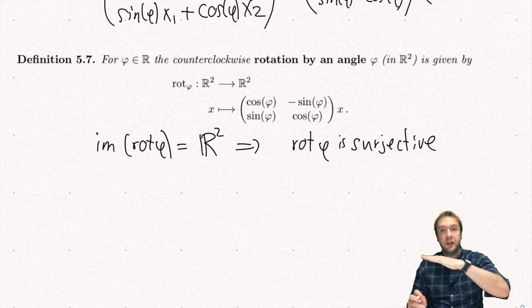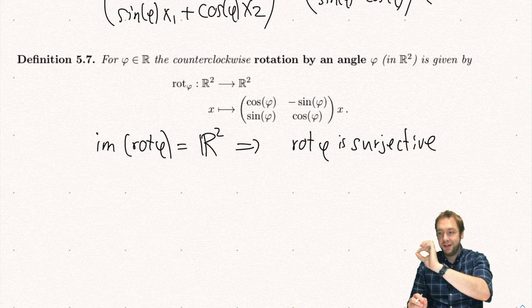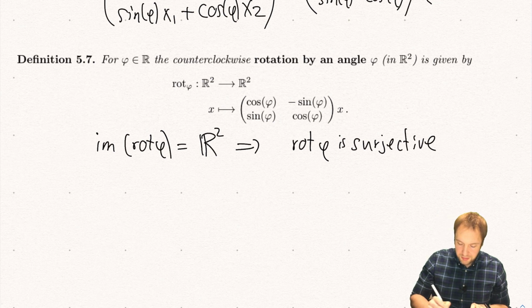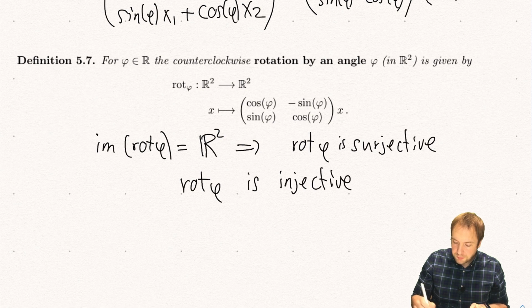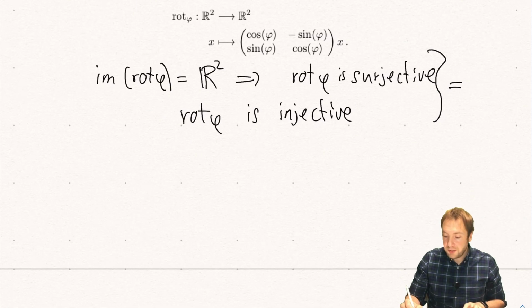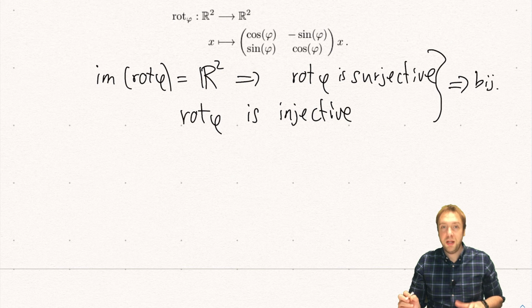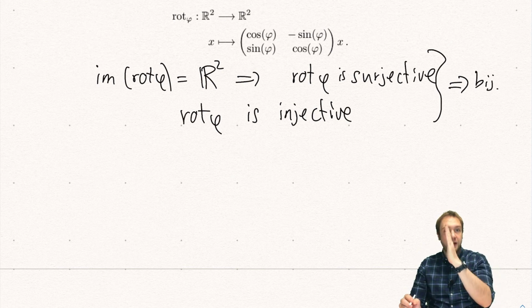Well, it's also injective because if I take a point and I rotate it, then this is the only possible way to land at this point. So the rotation is injective. So therefore it's bijective.